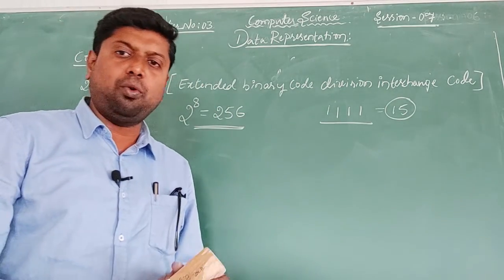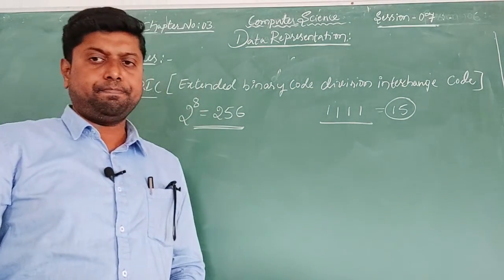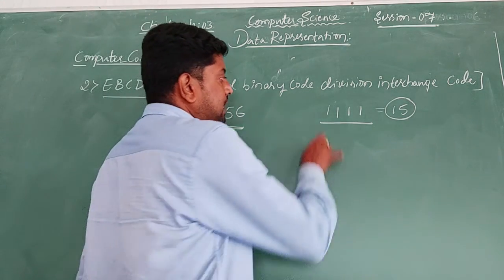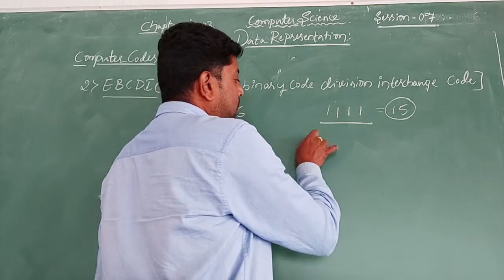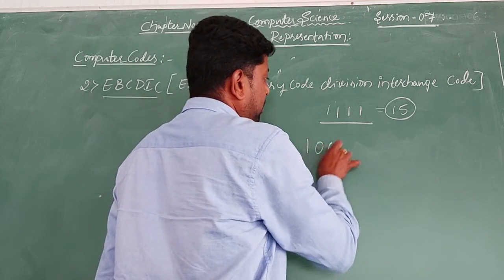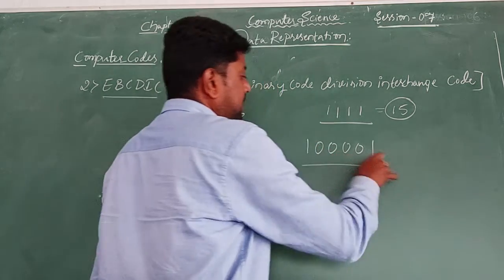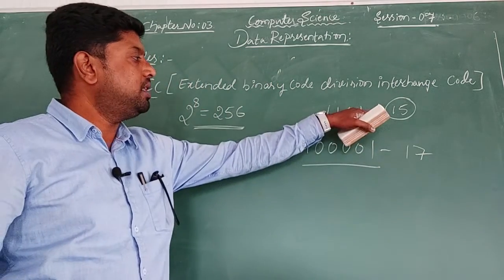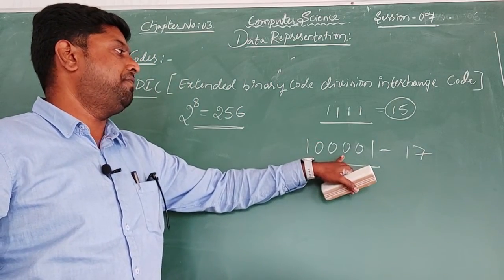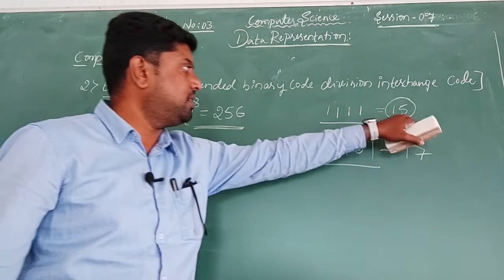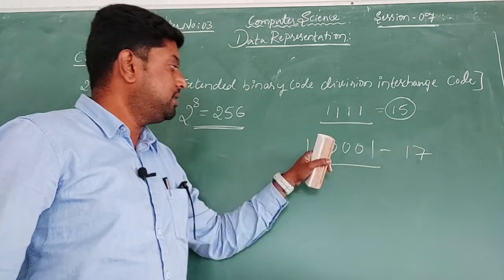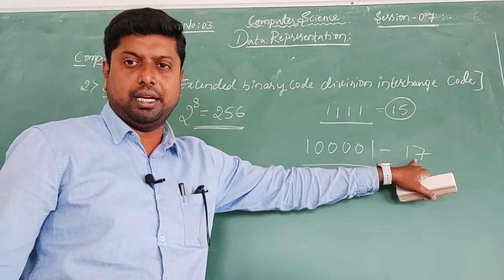Like that, if I want to write more than 15, then what do I have to do? Then that should be 16. 16 means again I want to add one more digit: 10001. 16 plus 1, then 17. Then count this one. This is a 4 digit and this is a 5 digit number. Because 15 will be 4 digits, but if I want 17, 16 plus 1, then 5 digits.